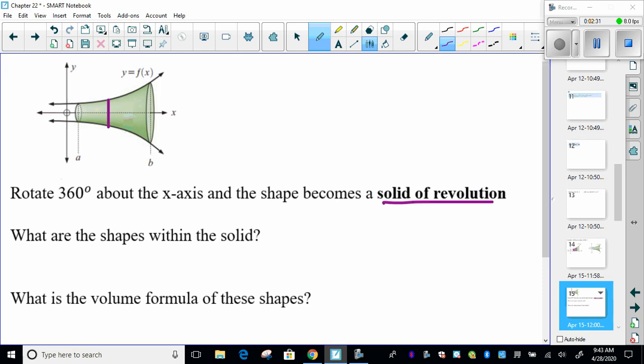So the shapes that we're looking at are actually cylinders. I can find this whole cylinder, but then what we're trying to do is make it infinitesimally small. So the shapes within the solid are cylinders.